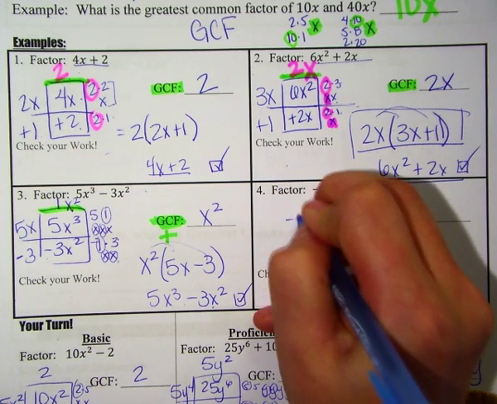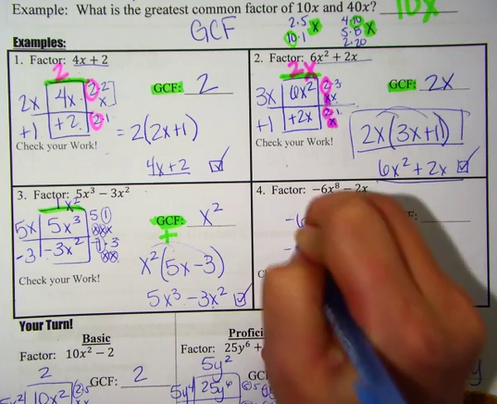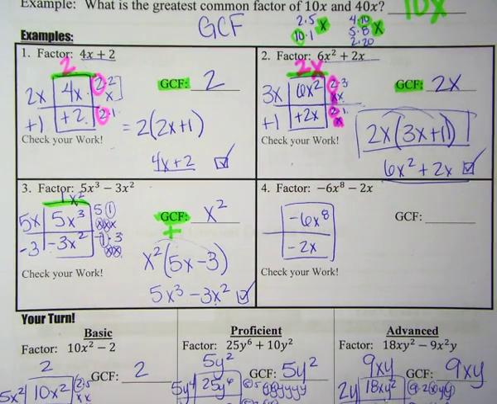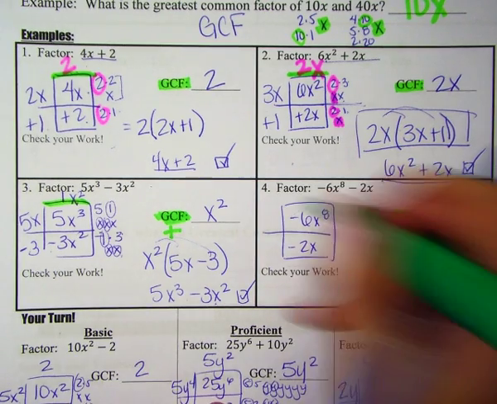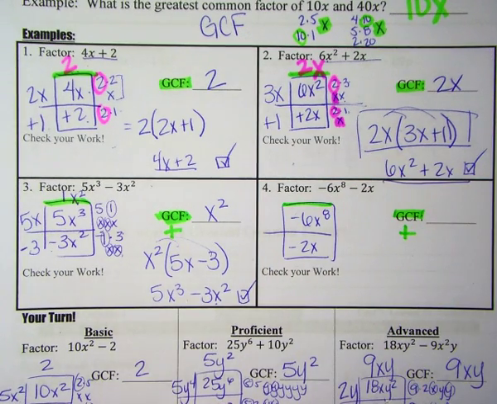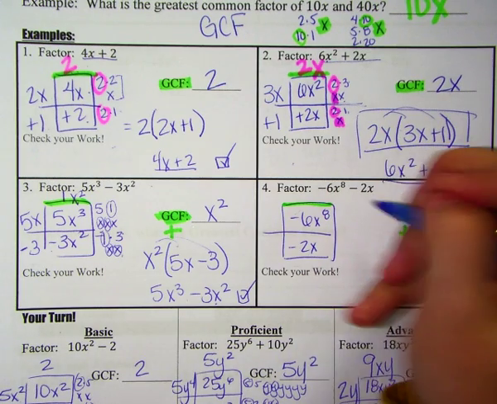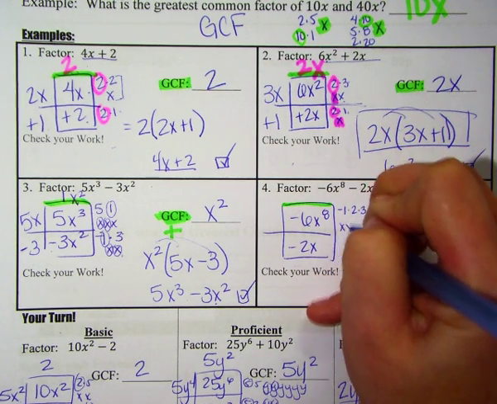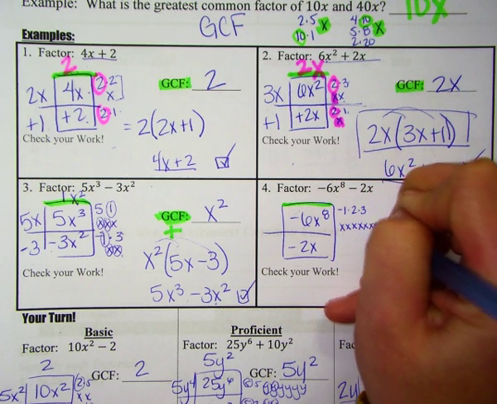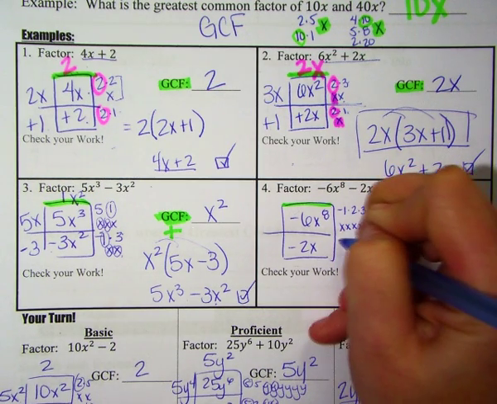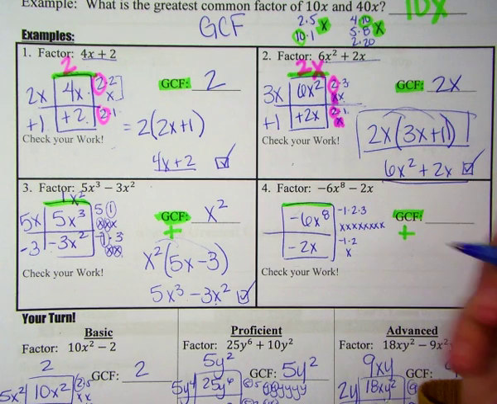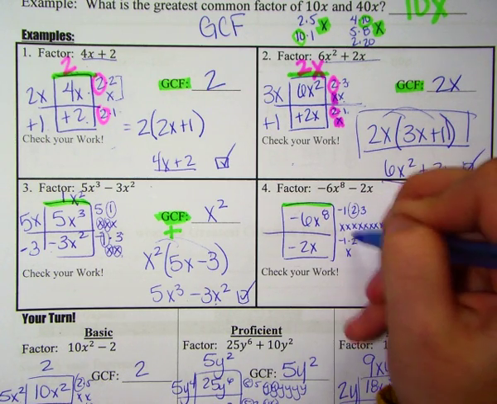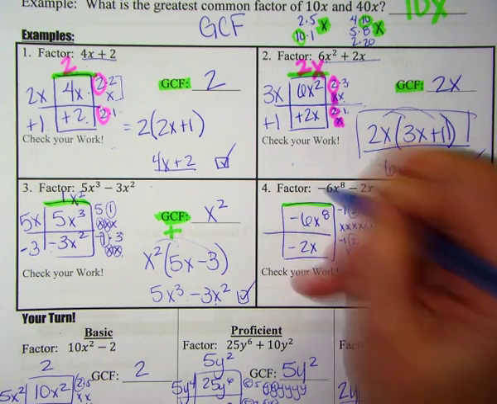Negative 6x to the 8th minus 2x goes in the box. Again, GCFs are always going to be positive. Rewrite its factors. This is negative 1 times 2 times 3, 8 x's. This is negative 1 times 2, 1 x. Then we find the largest number that's common in both lists. 2 is it.